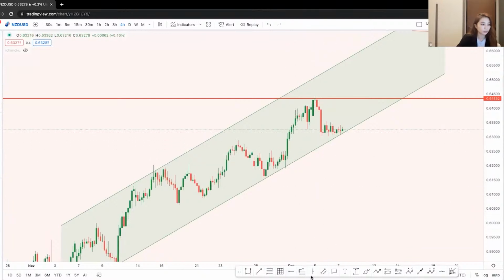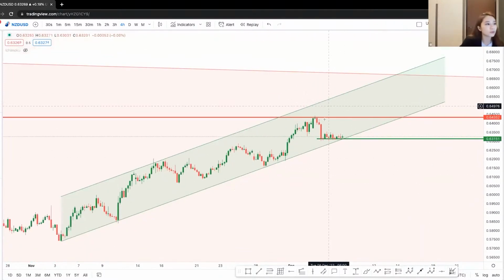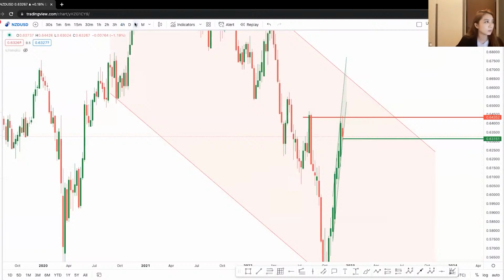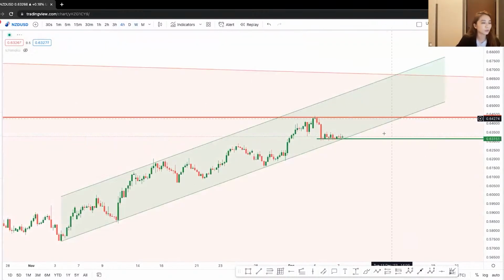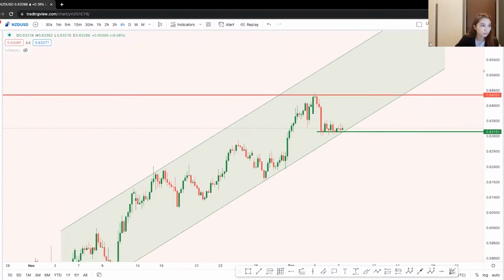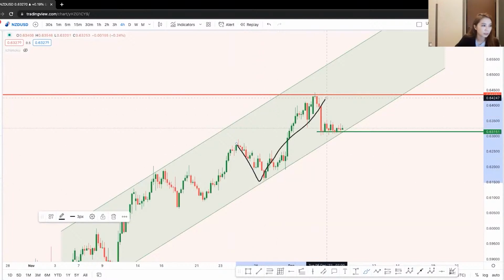So many touch points for this. I would say this could go both ways in terms of moving towards a resistance on the bigger time frame, like on the weekly, the price actually moves past that and moves towards the bigger resistance of the downward channel. However, on the smaller time frame, we are looking at a short-term upward movement. There is a chance that this is a knee-jerk reaction in terms of what we are seeing.